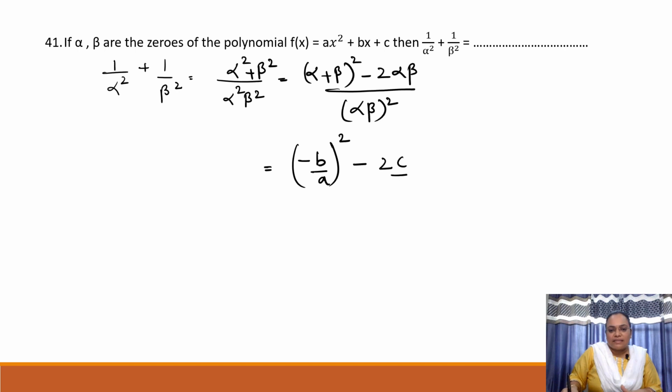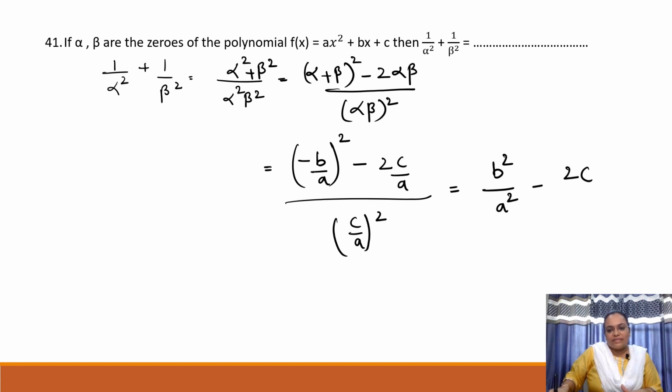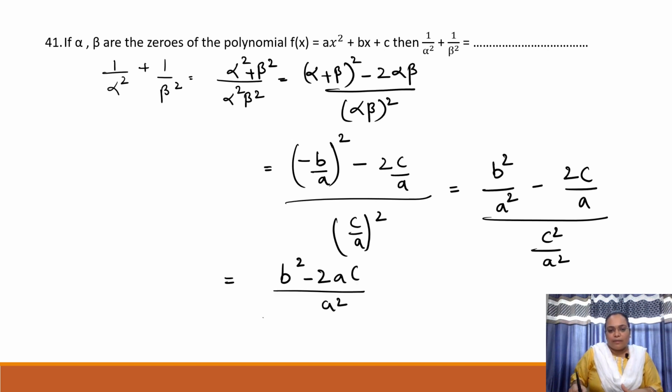So, from the given quadratic polynomial, alpha plus beta is minus b by a whole square, minus 2 alpha beta, alpha beta is c by a, by alpha beta is c by a whole square, correct, which is b square by a square minus 2c by a, by c square by a square. Okay. So, if you take the LCM, that will be b square minus 2ac by a square, by c square by a square.